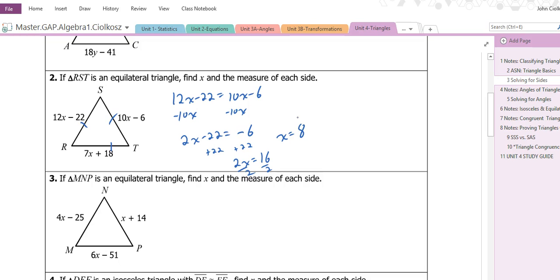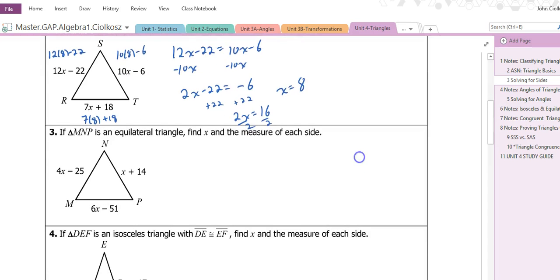So now that we know that x is equal to 8, we can plug in for each one of these. Type those in a calculator and you'll get your answers. So that'll give us the side length, a numeric value for each of them.